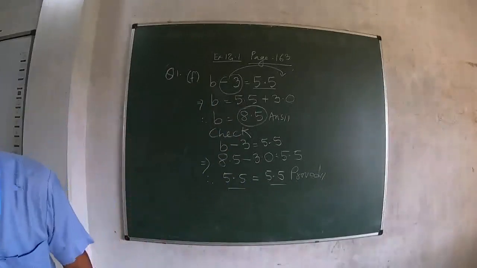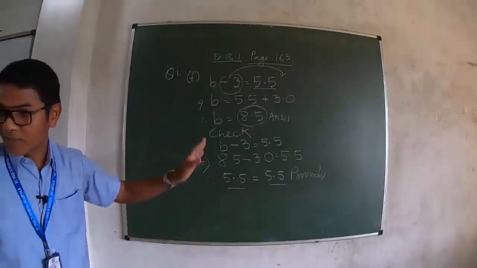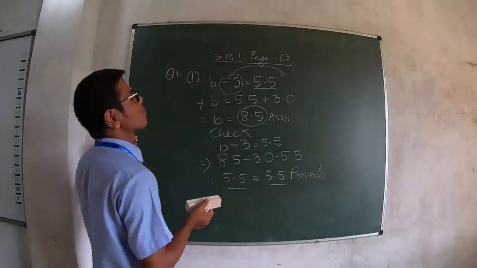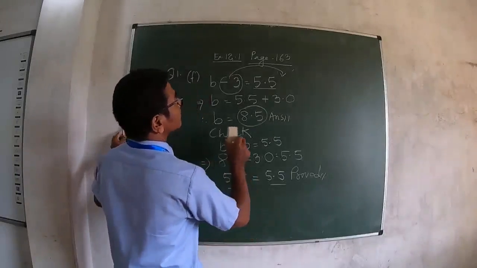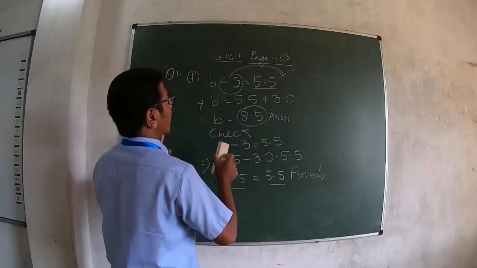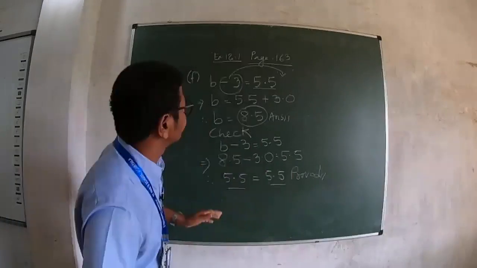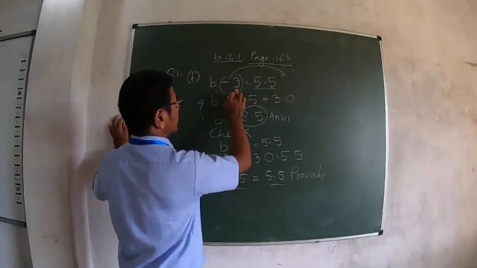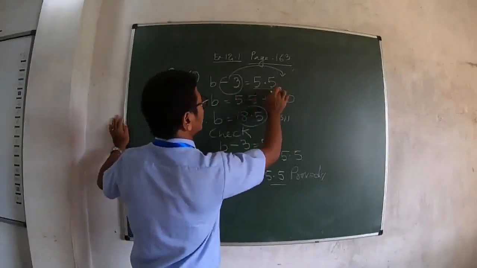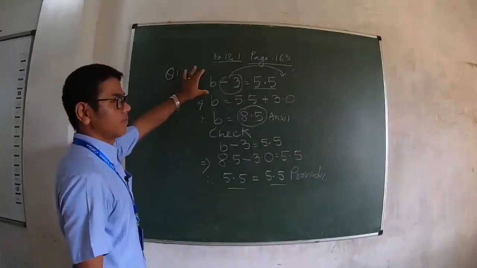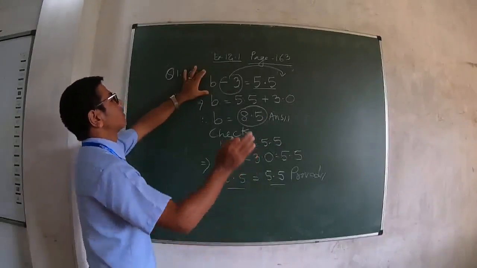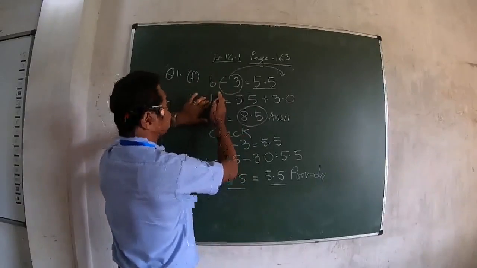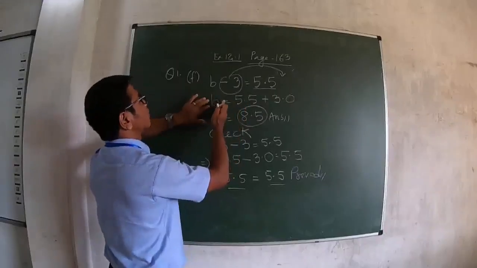Explain this one again. Okay, I will explain again. Let's see again. Children, B minus 3 equals to 5.5, right? This is our question. Now what is the idea? The idea is the variable, the alphabet B, should be on the left, which means in front of the equal sign.